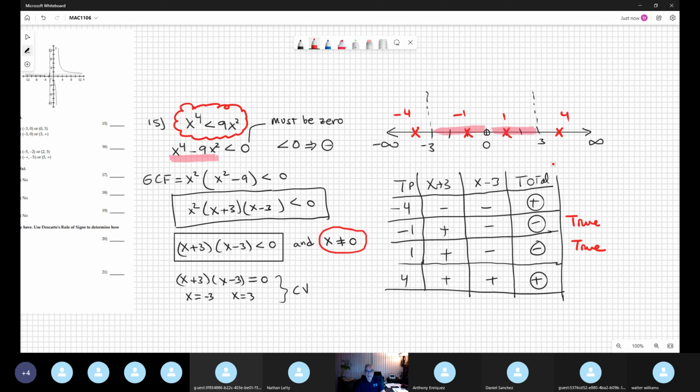Therefore, the solution is parenthesis, parenthesis, parenthesis, and parenthesis. My final answer then is from -3 to 0 interval union 0, 3. Like option B in the handout.